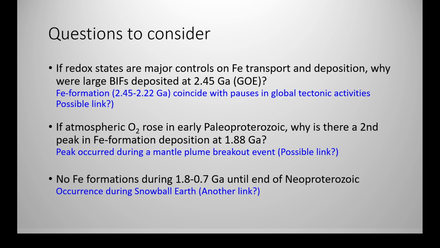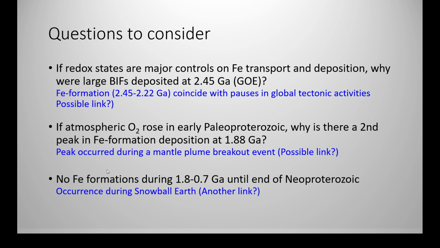This second peak could be a possible link to a mantle plume event. So more iron being put into the system, the more mantle or underwater volcanism there is, the more free iron, and the more iron there is, the more and larger banded iron formations are being deposited.